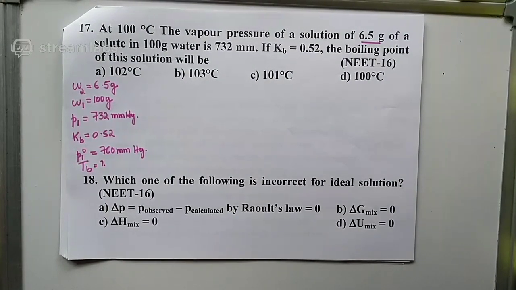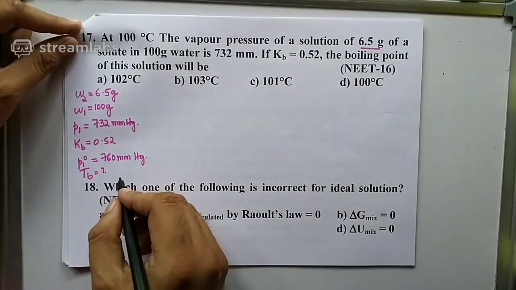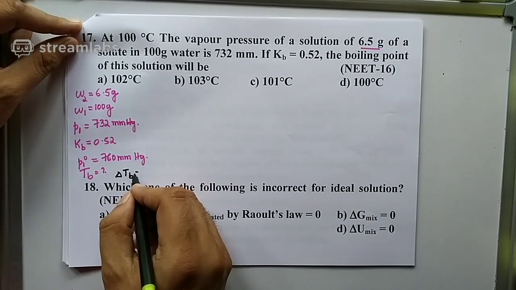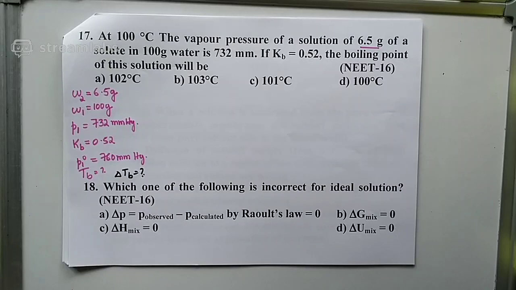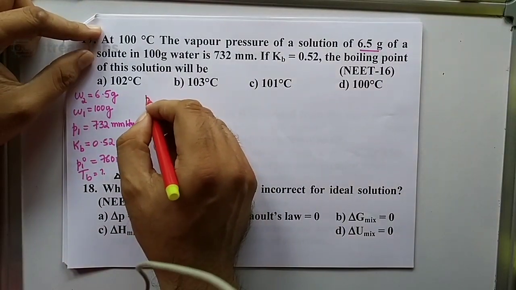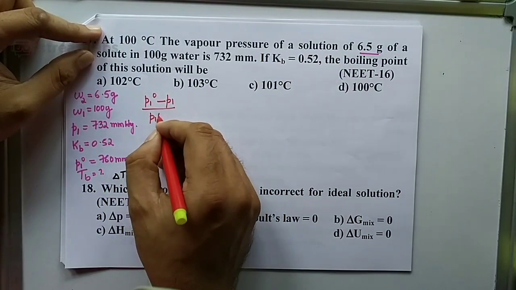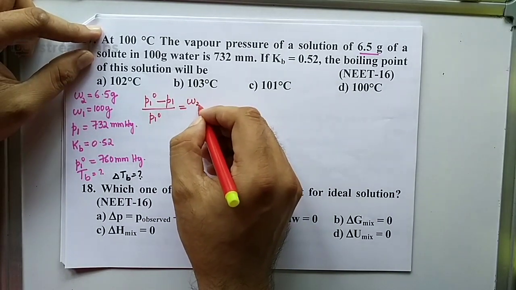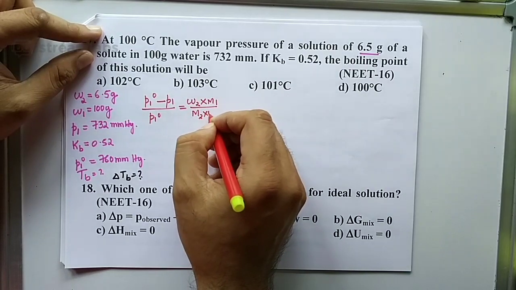We can't directly find TB, we need to find delta TB, and from that we can calculate the TB value. First, from the given data we can calculate the molar mass of the solute. We can use this formula: P1 naught minus P1 divided by P1 naught is equal to W2 multiplied by M1 divided by M2 into W1.